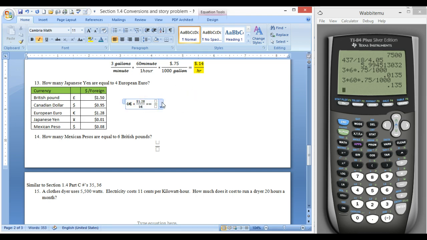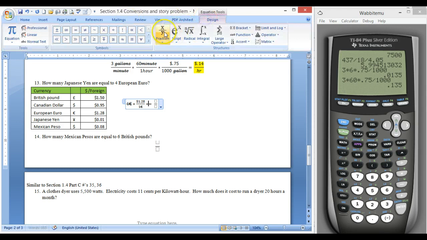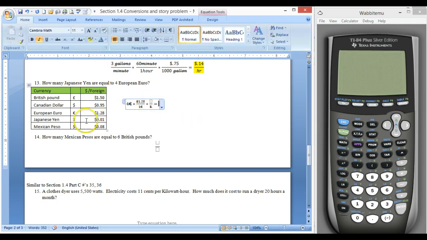So I need to multiply it by yet another conversion. So here's my fraction. Now I have dollars on the top, and I don't want to end up with dollars, so I want to put a dollar on the bottom. And I know over here that a Japanese yen is equivalent to 1 penny or $0.01 in US. So here I'm going to put yen, and I'm just going to do a Y since I'm not going to go find it.